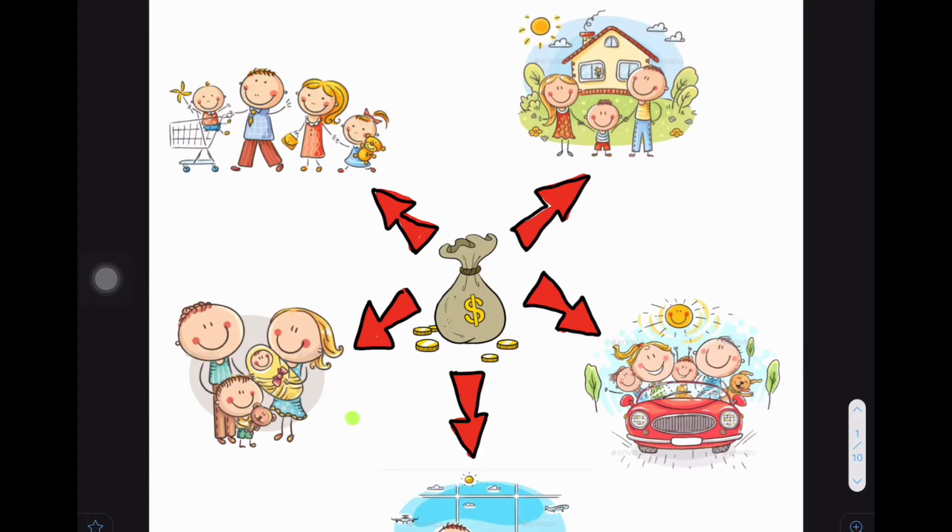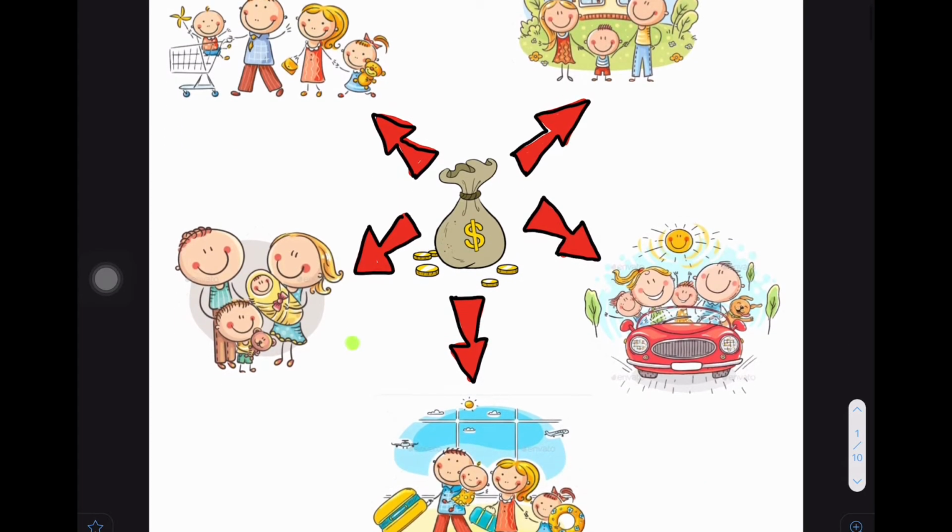Okay, so kita semua tahu yang we can make use of money. Kalau awak ada duit, kita boleh buat macam-macam dengan duit. Contohnya awak boleh membina family, awak boleh bawa family berjalan-jalan, awak boleh bawa family awak pergi shopping.